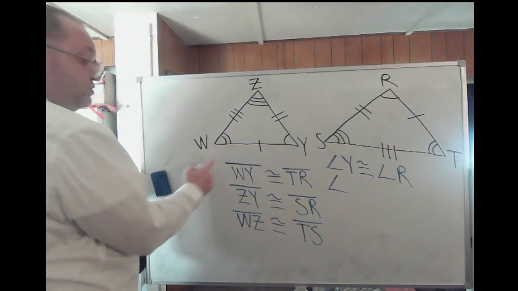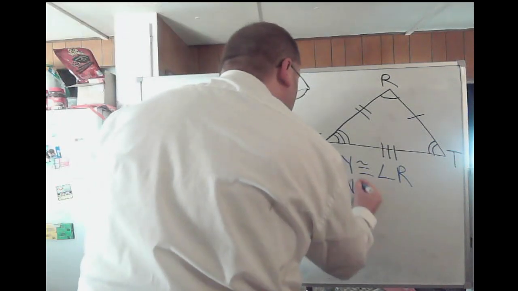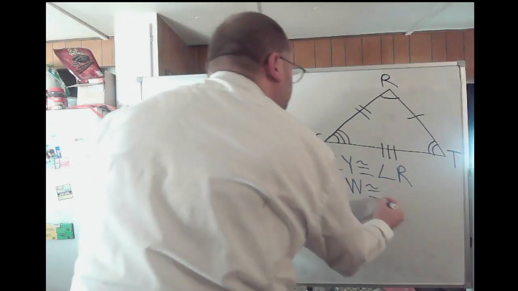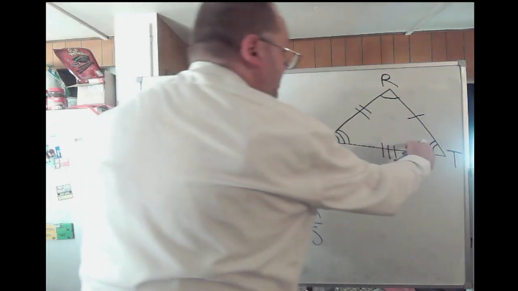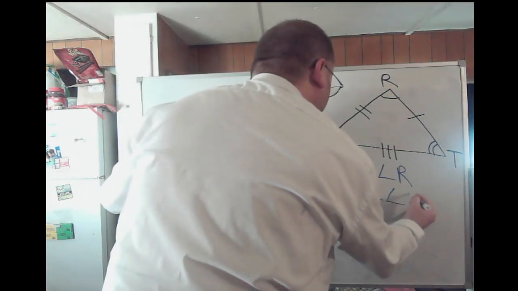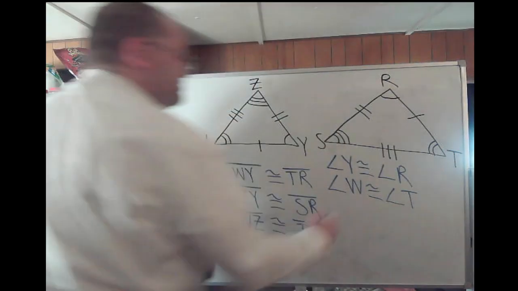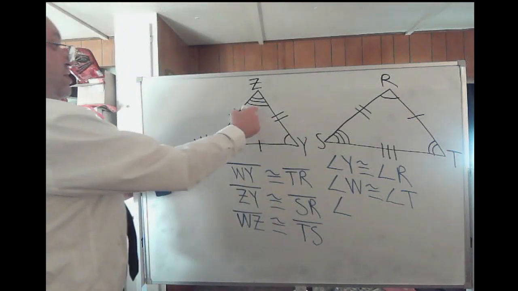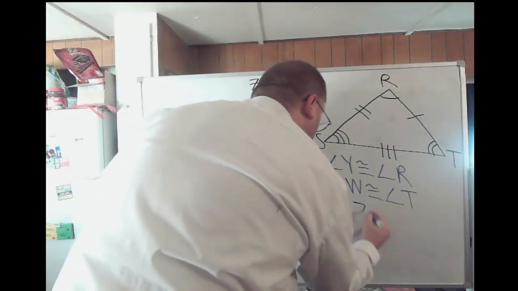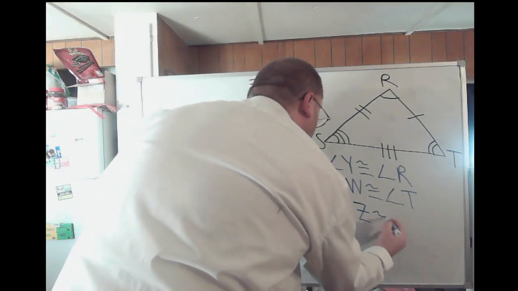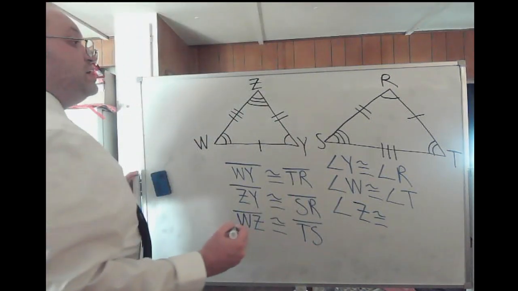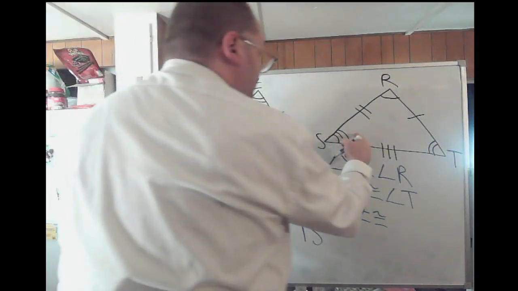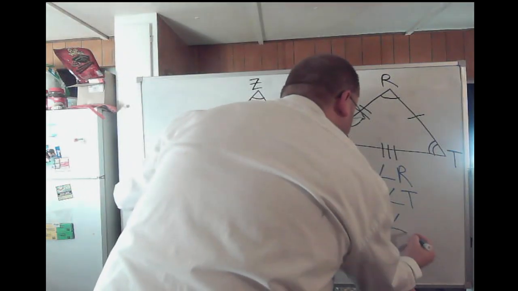It looks like angle W is congruent to the other two arc marks, angle T. So angle W is congruent to angle T. And then you have the three arc marks. It looks like angle Z is congruent to the other three arc marks, angle S.